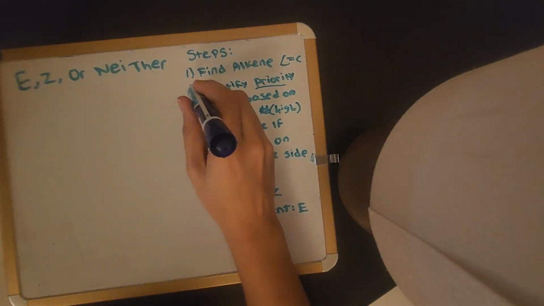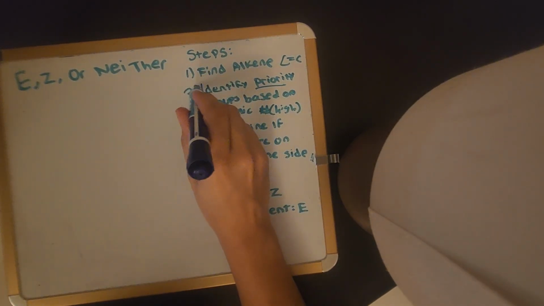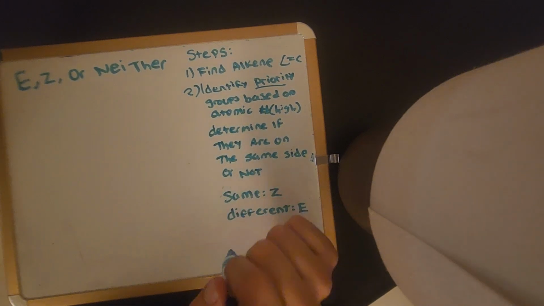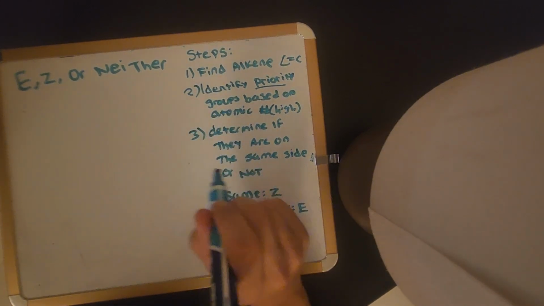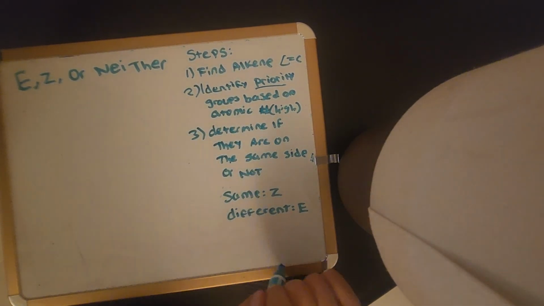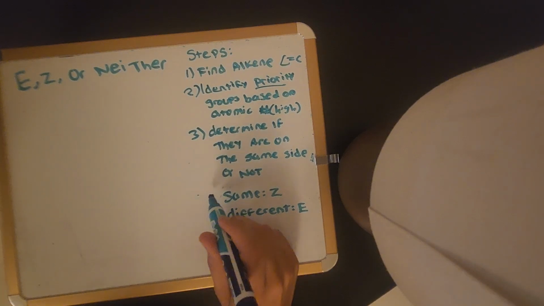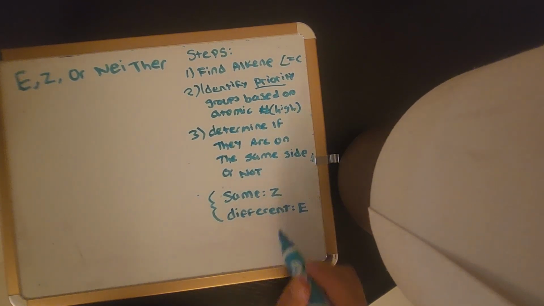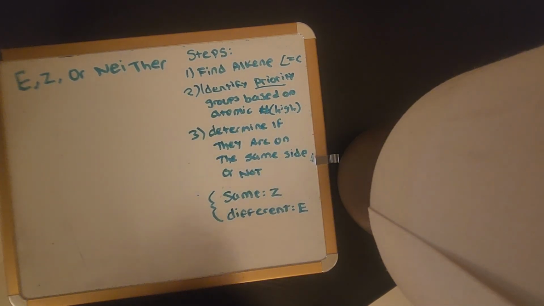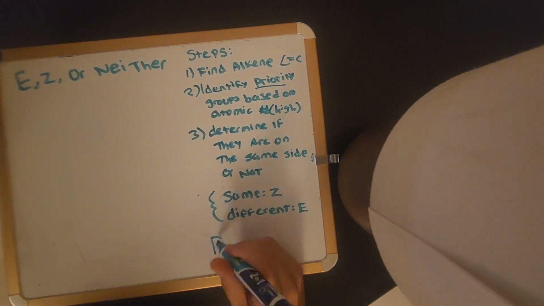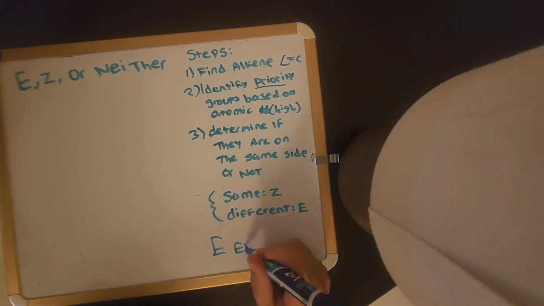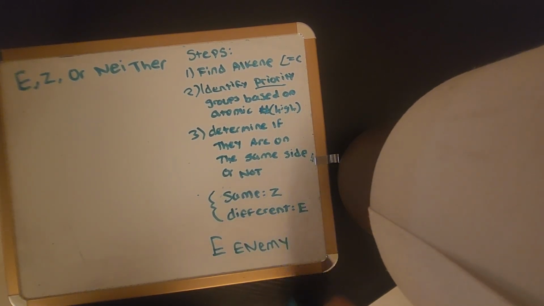And then you're going to determine if they are on the same side or not. If they're on the same side, it's Z. If they're different, it's E. I like to think of it, E stands for enemy. Enemies are on different sides.